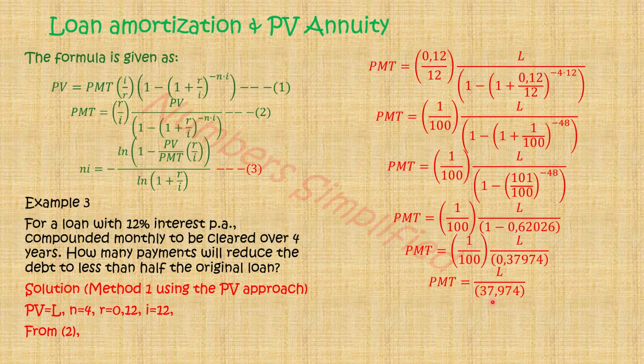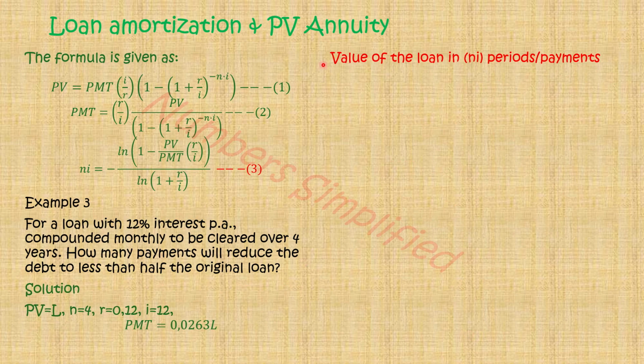So that is the same as saying 1 divided by 37.974. That will give us 0.0263 L. That will be the value of our PMT. Therefore, the value of the loan in NI periods or payments, since we don't know how long this would take, and that is what we are actually looking for, we are saying the value of the loan in NI payments.